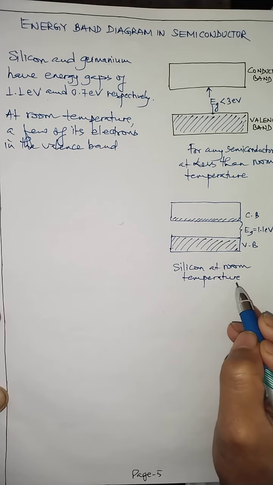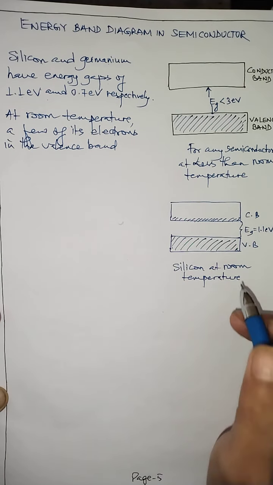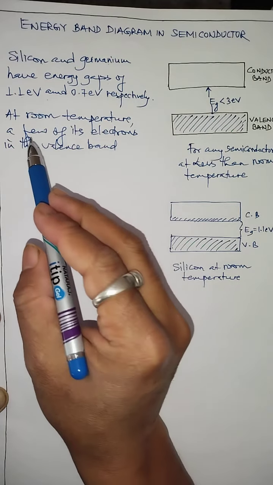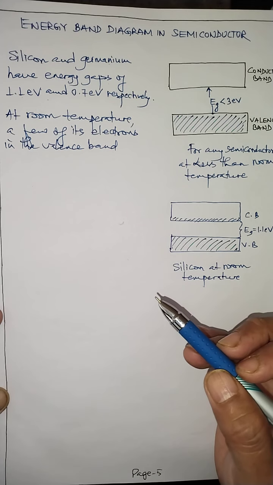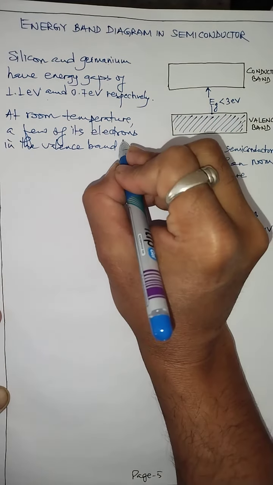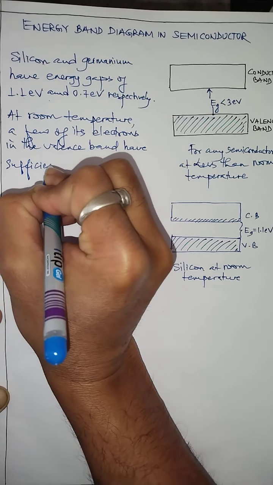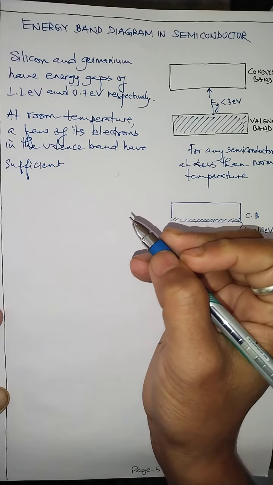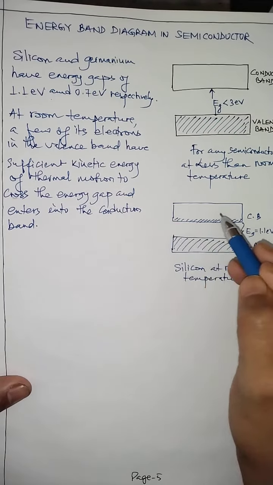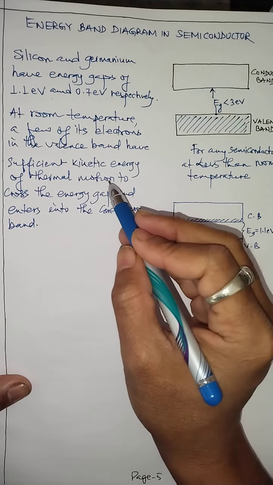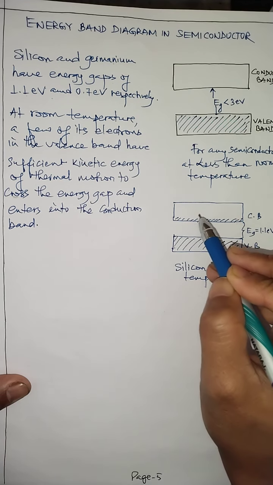At room temperature, a few electrons in the valence band have sufficient kinetic energy of thermal motion to cross the energy gap of 1.1 electron volt into the conduction band.